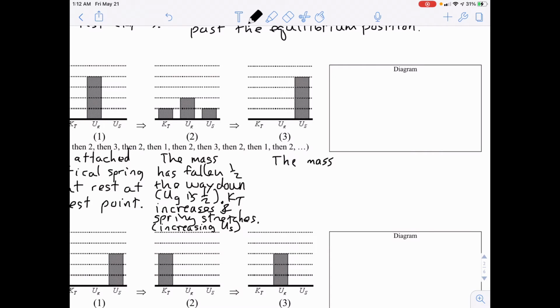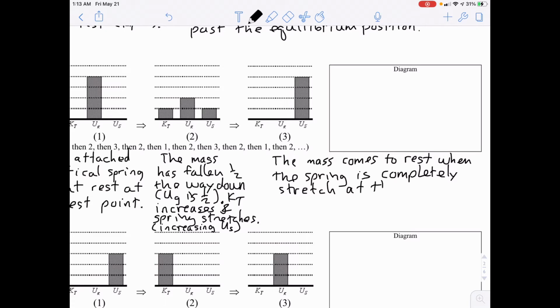The mass comes to rest when the spring is completely stretched at the lower point of oscillation.